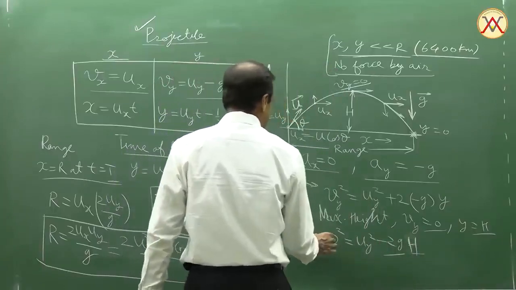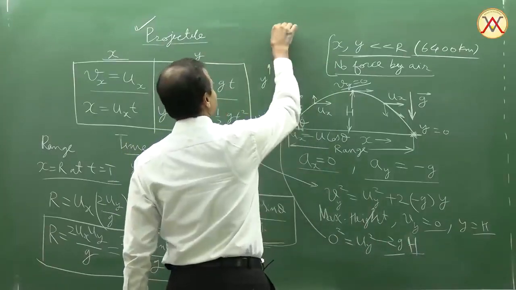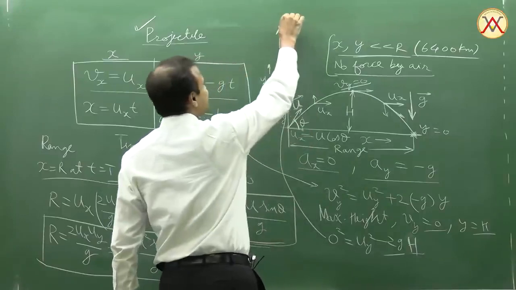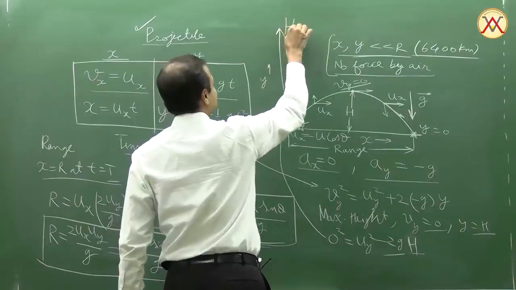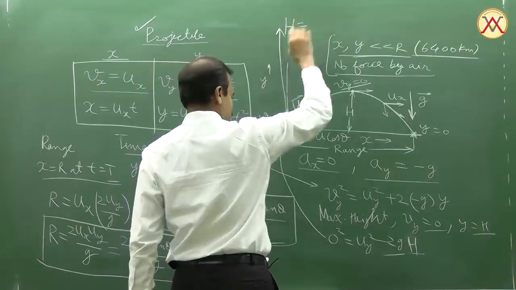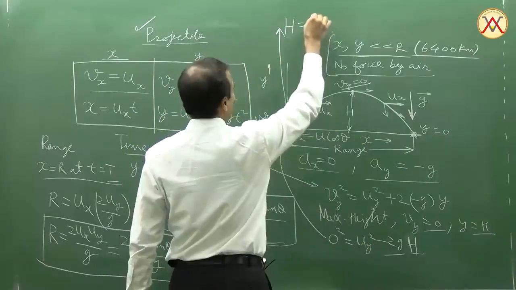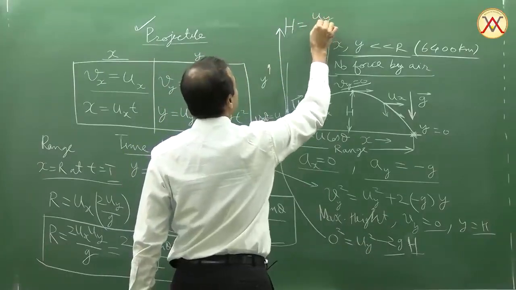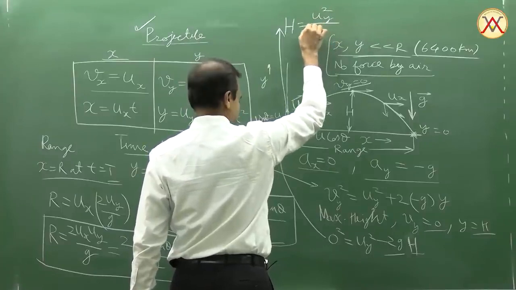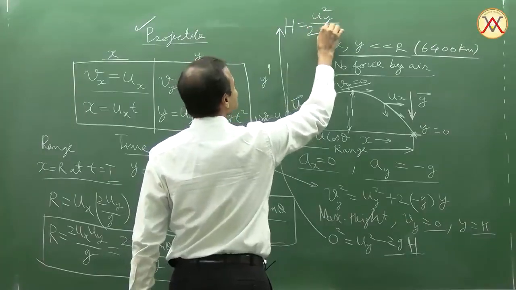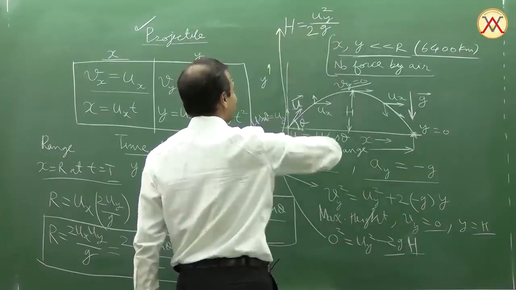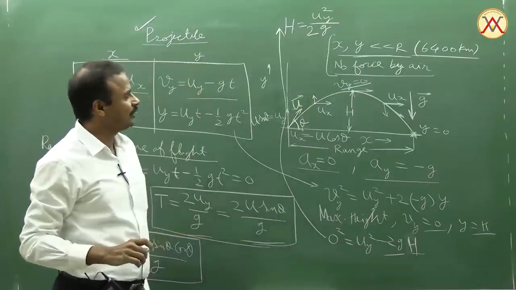That gives me the formula for maximum height. So H is equal to Uy squared divided by 2g. That is the formula for maximum height in the component form.